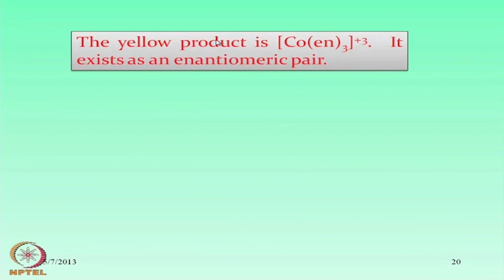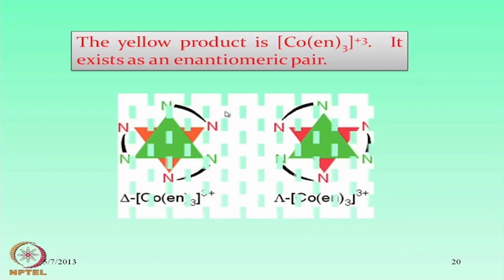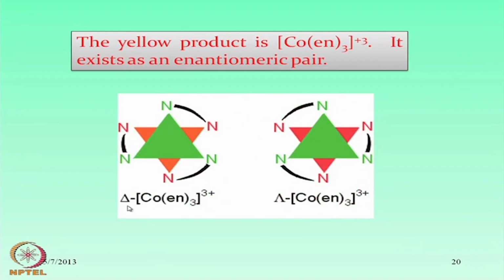So the yellow product is definitely the corresponding [Co(en)3]3+. It exists as an enantiomeric pair. That means one form is optically active, the other form is also optically active, the clockwise arrangement and the counterclockwise arrangement.